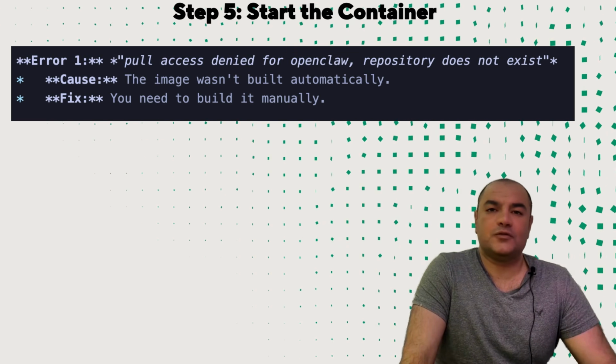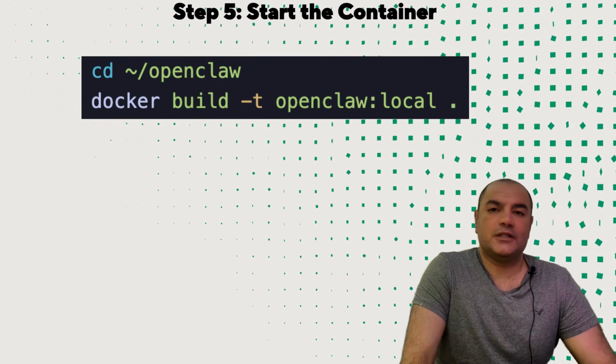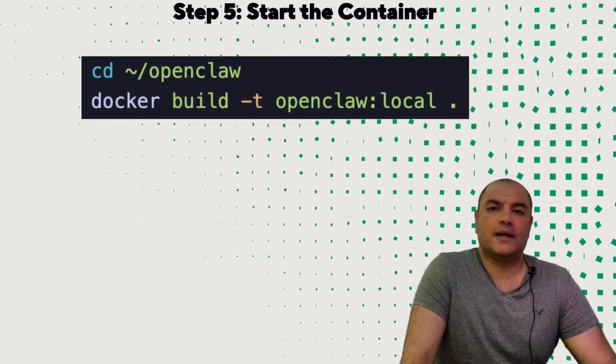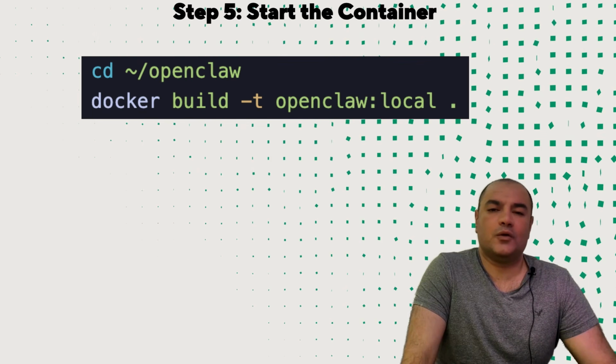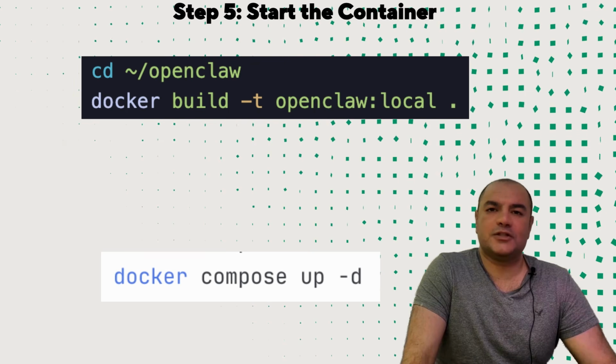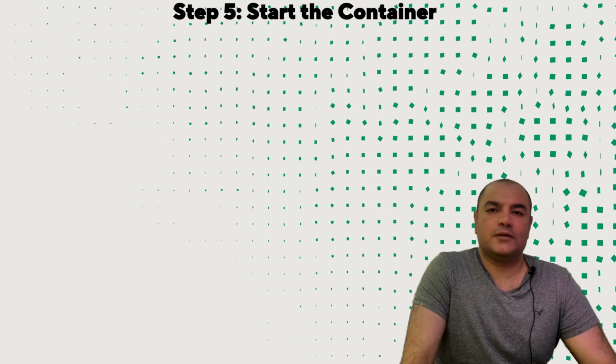This is the official fallback method, using the following commands: cd ~/openclaw, docker build -t openclaw:local . Then we try the docker-compose up -d command again. This time it should work.